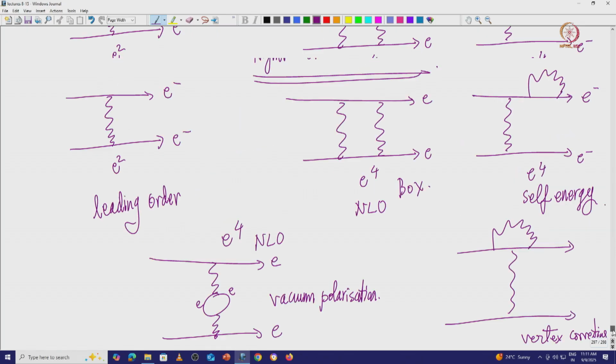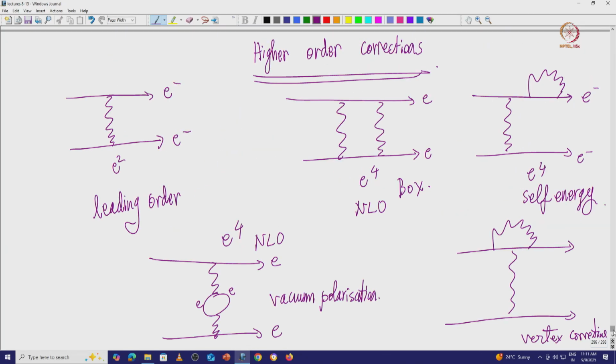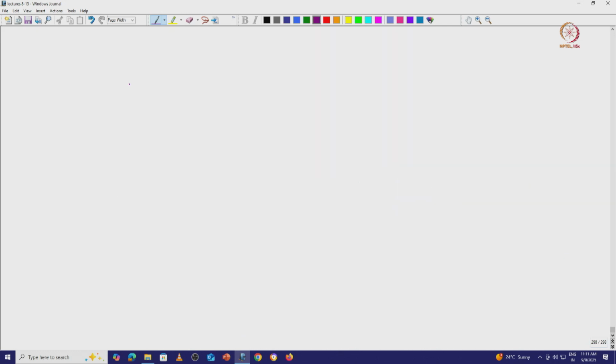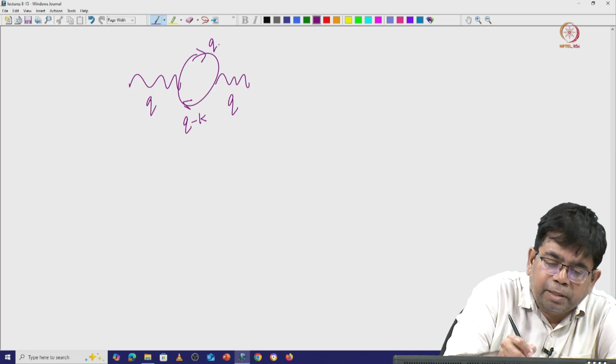Let us take the momentum structure of any of these diagrams. For example, let me take this vacuum polarization diagram and take a sub diagram of this. This has a momentum q, this has a momentum q. What is the momentum in between? This is k minus q, k plus q.